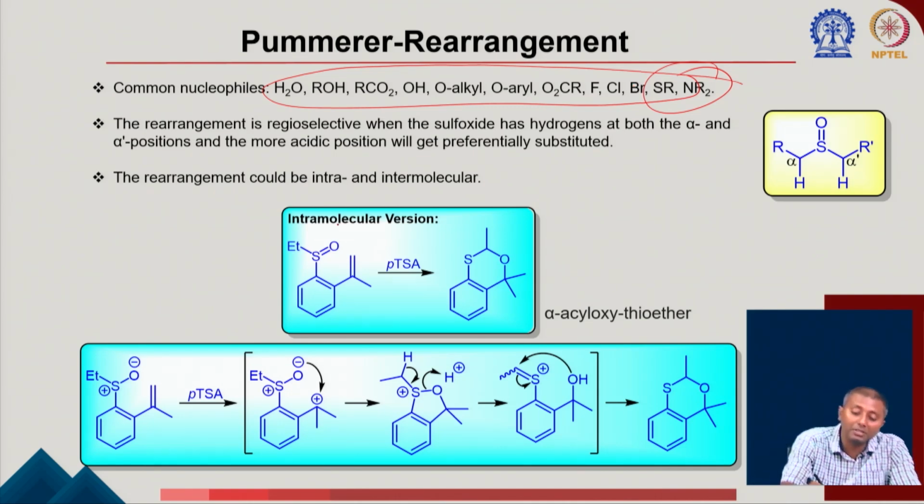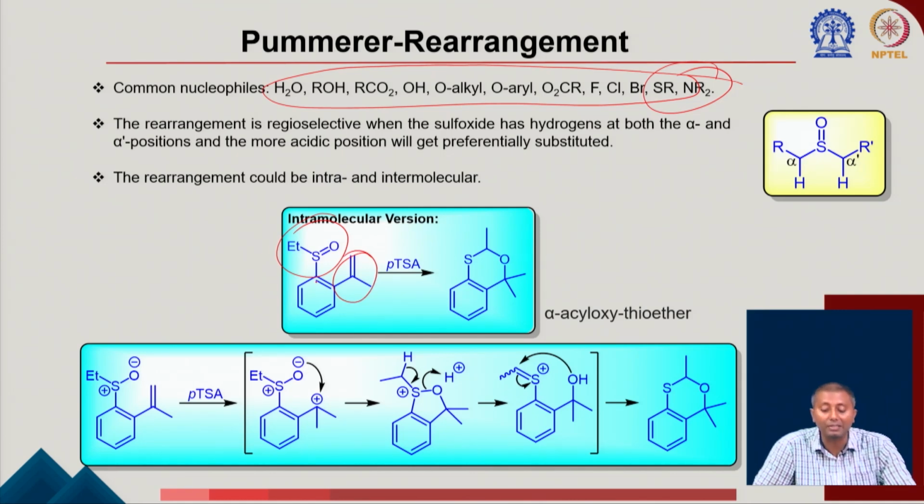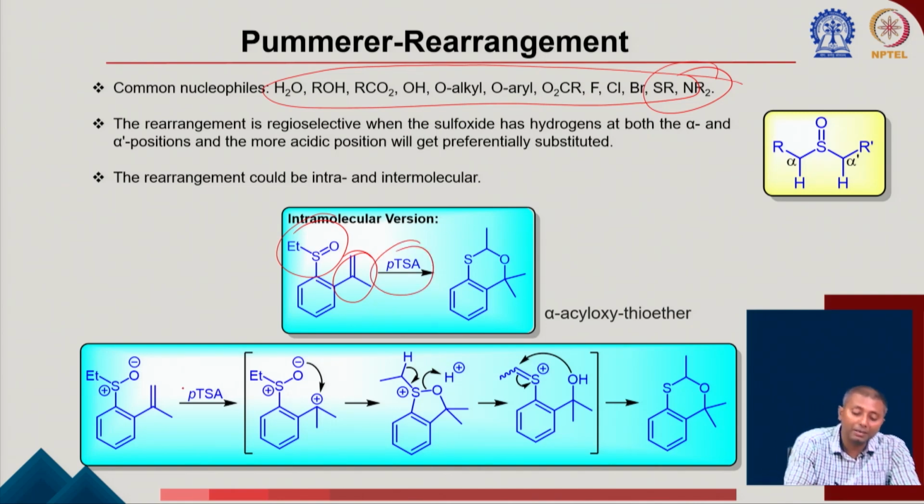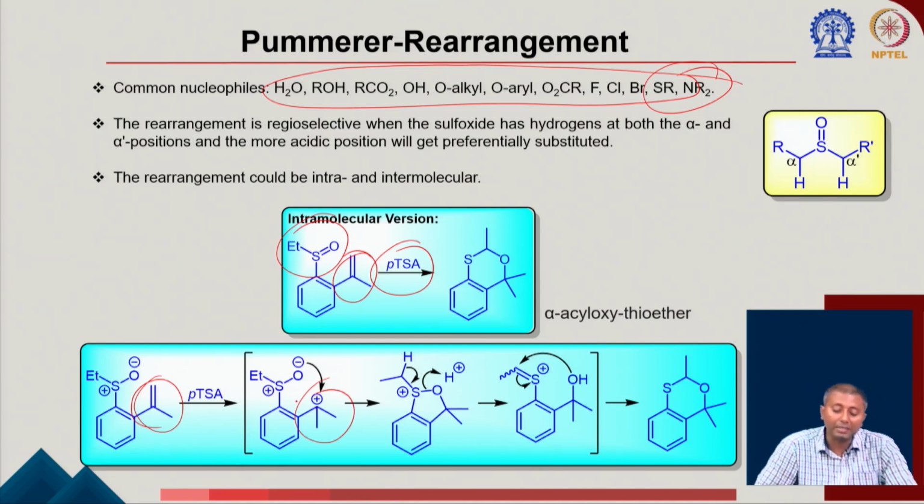So now you have this sulfoxide here, and you have an olefin there, like some sort of a styrene. This is not a normal olefin, this is styrene. So once you use PTSA, what is going to happen? They can protonate this styrene to generate a tertiary carbocation here, which is also benzylic. Now you can think about the sulfoxide as a sulfur plus O minus, and this can attack the corresponding carbon.